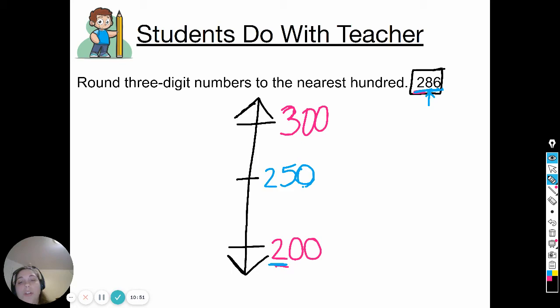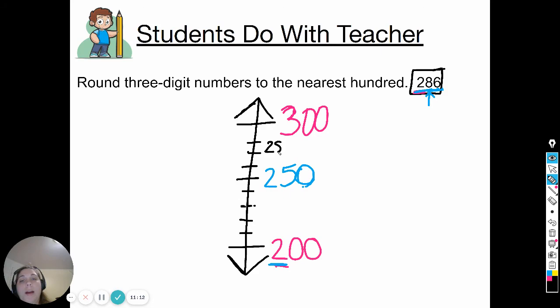Okay? So let's start doing our hash marks. There's already one at 200, 210, 220, 230, 240. There's already one at 250, 260, 270, 280.